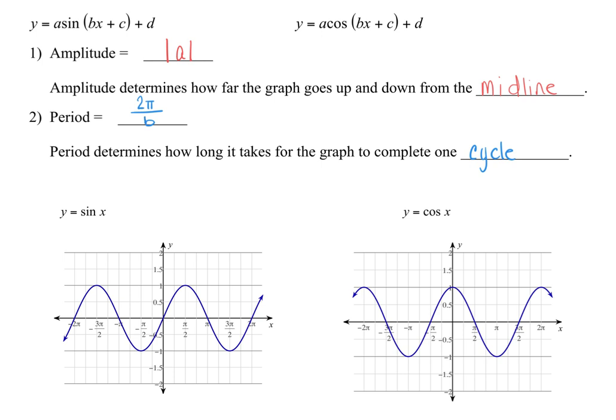B is the number in front of your variable, or in front of your angle. 2 pi over b. That's going to be how long it takes to do a complete cycle. All right? And once again, if you look at a standard sine, a 1 is in front of the x, so that's what your cycle is, 2 pi divided by 1, which is just 2 pi.